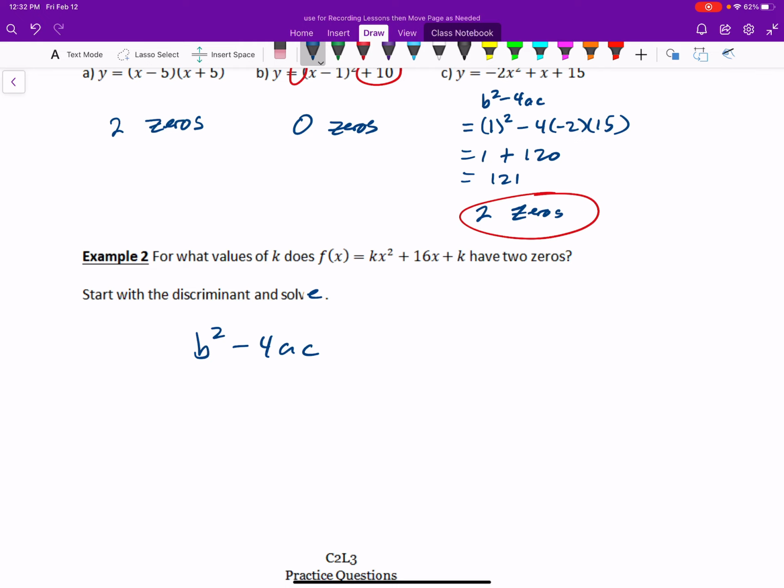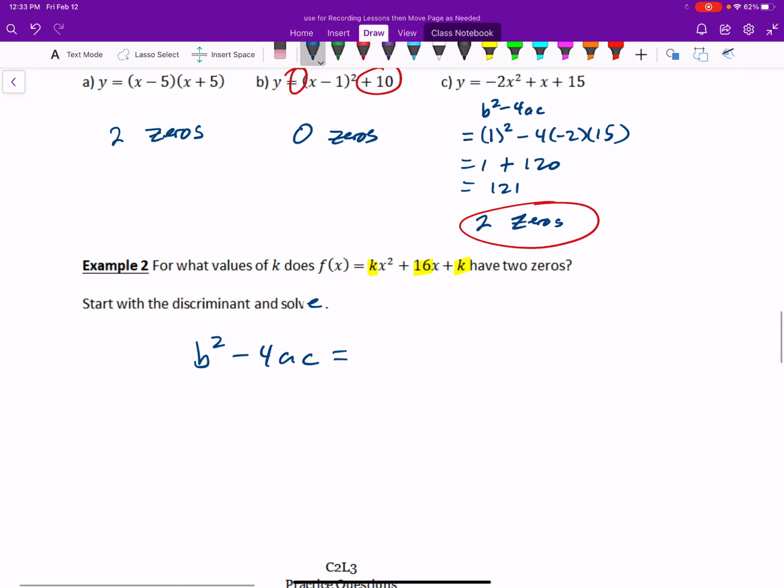In this case, we've got an a value of k, we've got a b value of 16, and we've got a c value of k. So b squared minus 4 times a, which is k, times c, which is also k, gives me 16 squared is 256 minus 4k squared.